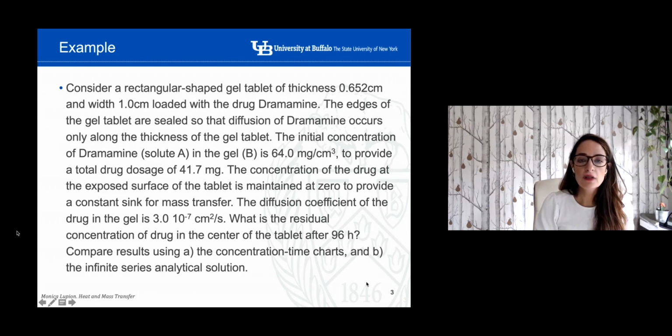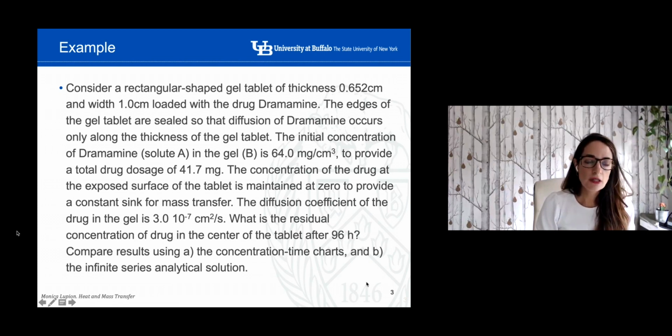The concentration of the drug at the exposed surface of the tablet is maintained at 0 to provide a constant sink for mass transfer. So for mass transfer to happen, you know that we need this gradient of the concentration. So in this case, this problem is telling us that the concentration at the exposed surface can be considered to be 0.